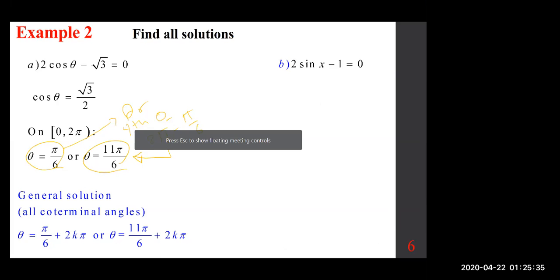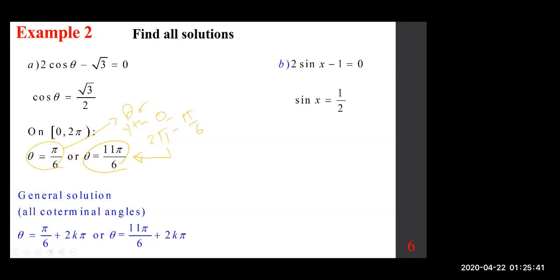All right, so it's very straightforward. You solve for sine x, you get 1/2. So theta is equal to what? Pi over 6 and 5 pi over 6. Beautiful. And again, you would be done if the question was asking for what? 0 to 2 pi.